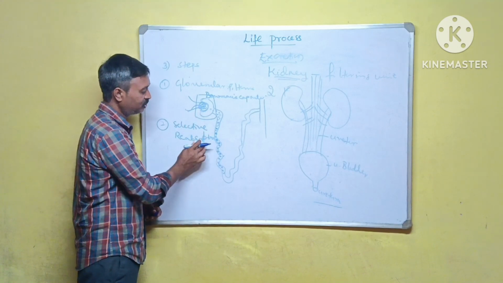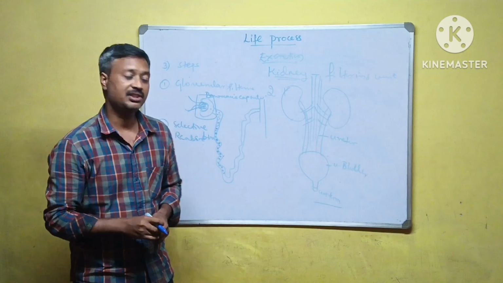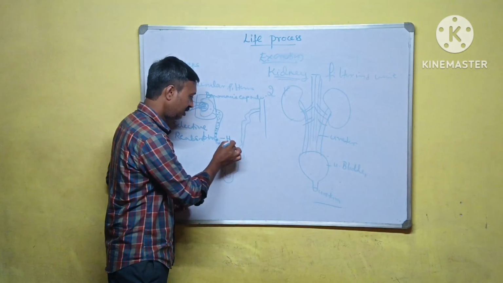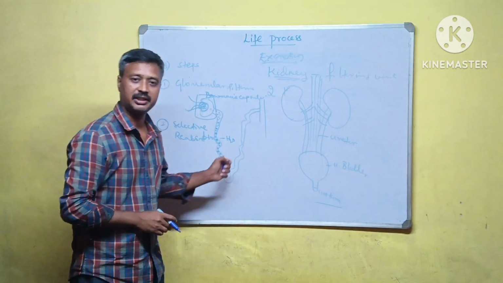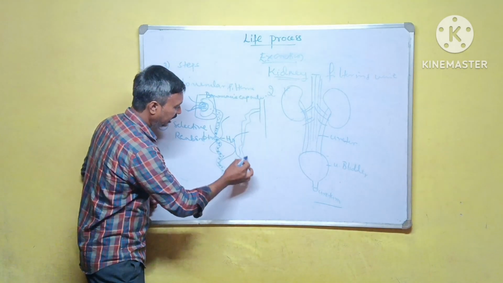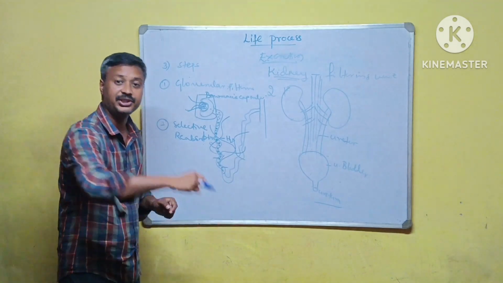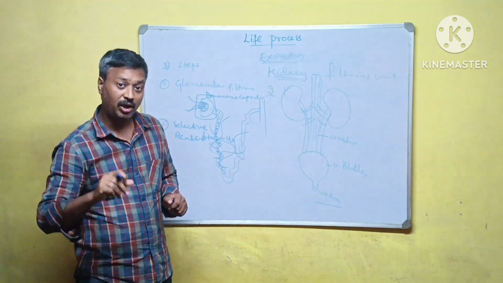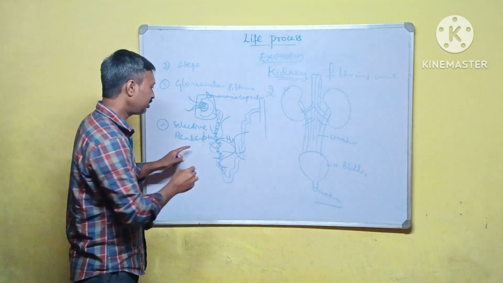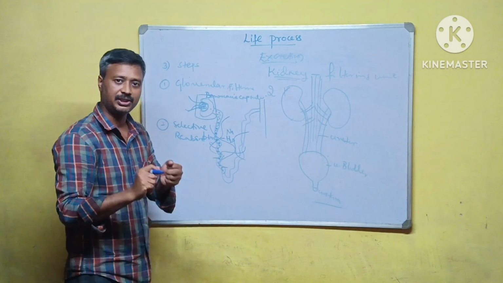Selective reabsorption. Now our body says there is a deficiency of water. Then the blood capillaries start absorbing the water. Selective reabsorption: what does the body select? It says sodium is less, so it starts reabsorbing sodium.